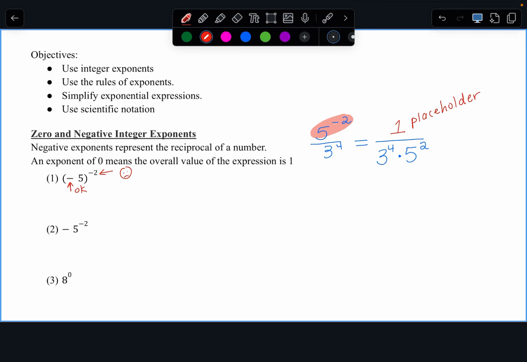The negative in the exponent means we got to flip it. So to do this, we still have a negative 5, but it's a 1 over negative 5, and now it's to the positive second. Or another way to put that is 1 over negative 5 to the positive second. Both of those mean the same thing. Okay?